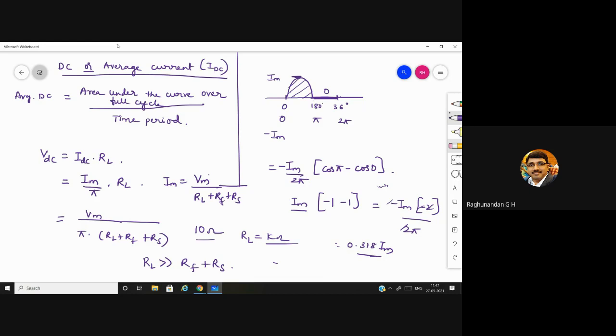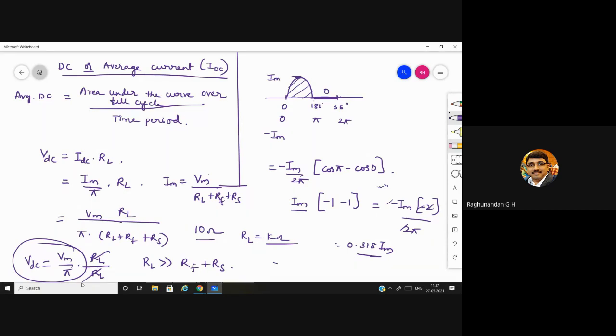When you consider 1 kilo ohm, 10 ohm is almost negligible. So we ignore RF plus RS and substitute it back. Now Vm by pi into RL by RL, RL gets cancelled and we have VDC is equal to Vm by pi. This is the equation for the DC voltage.